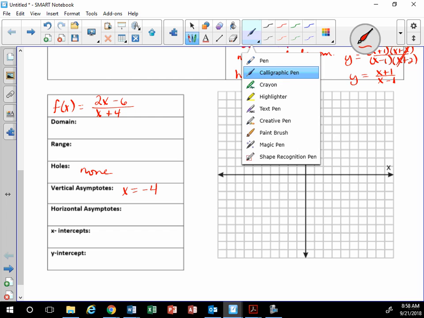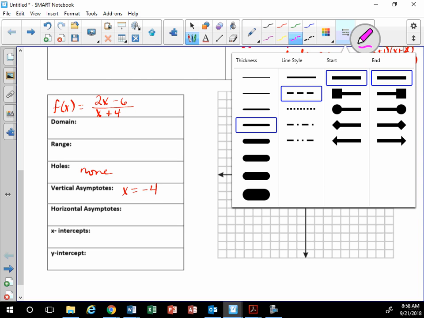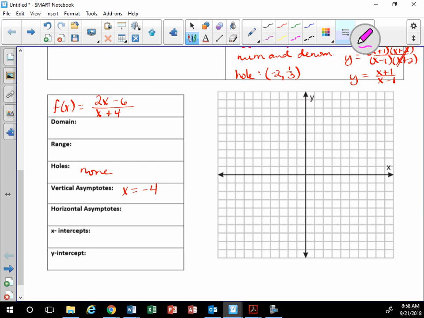All right, your horizontal asymptote. What do you think? Y equals? I'm hearing 0 and 2. What do we think? Is it bottom heavy or equal? Equal, then you divide, okay? So it is 2.